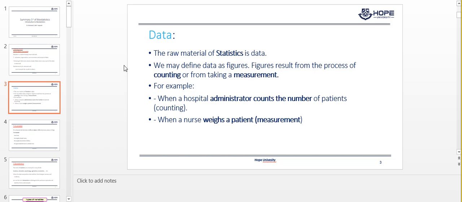Also, nurses make measurements like the weight of a patient, like the blood pressure of a patient. All of this we call measurement, so every piece of data comes in two ways, either by counting as a number or by measurement as a unit.